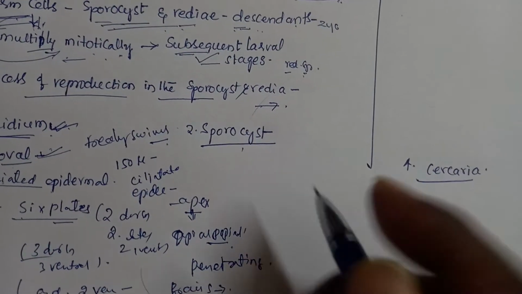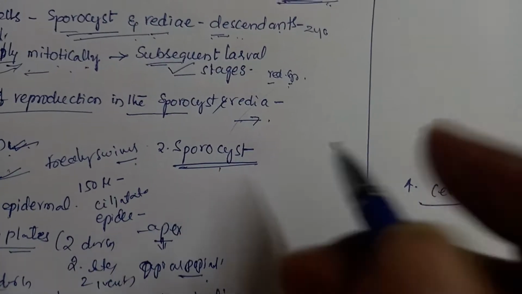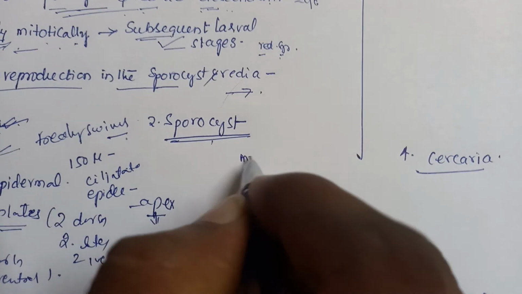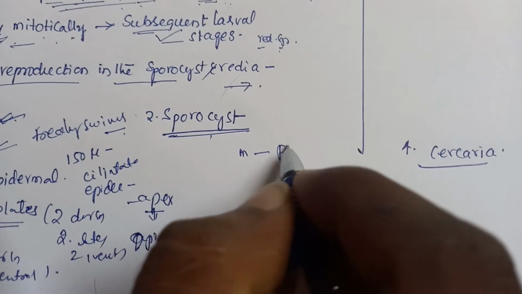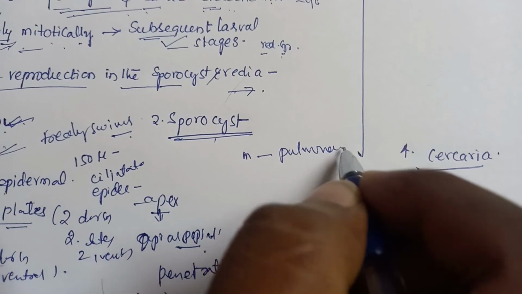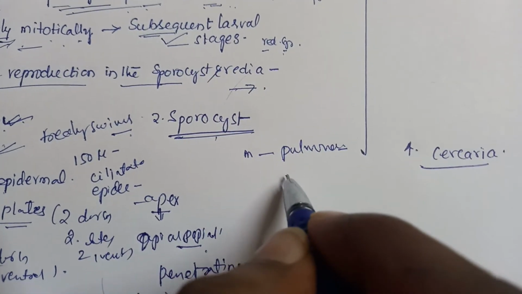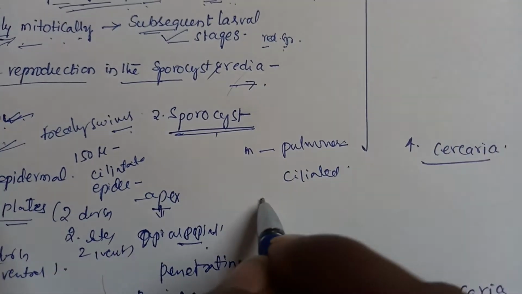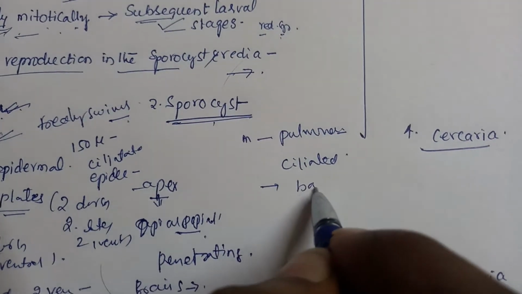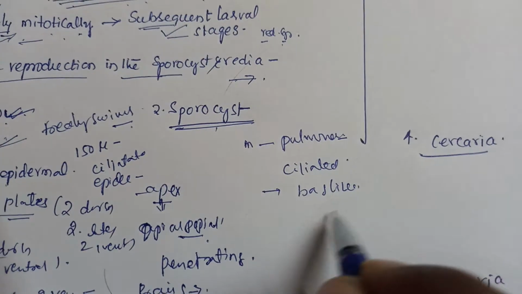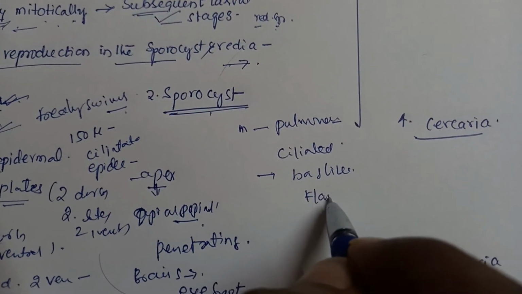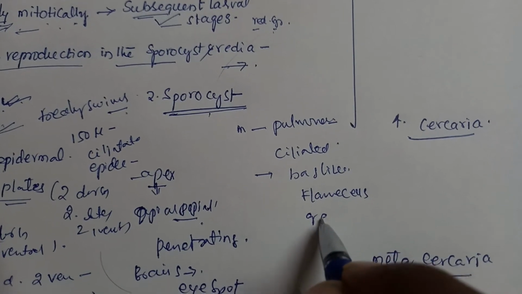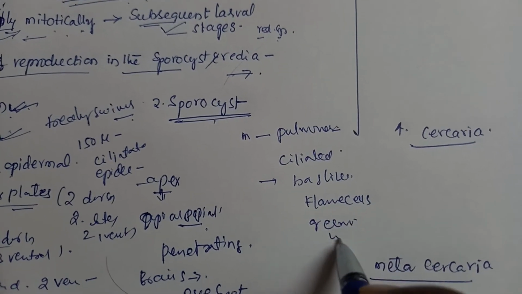And the second one, the sporocyst. In the body of the snail, the Miracidium enters the pulmonary sac. Here the Miracidium loses its ciliated epidermis and becomes a bag-like structure with flame cells, and the germ cells remain intact.